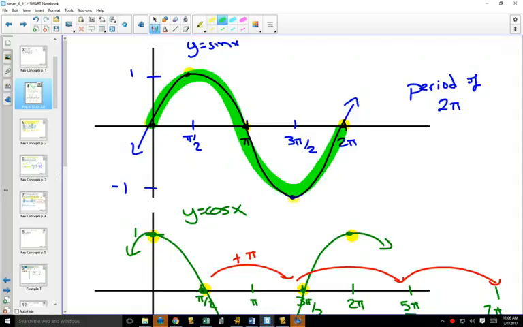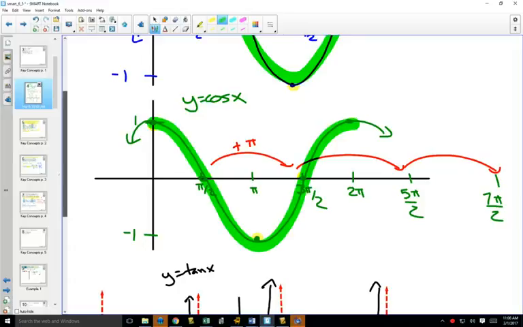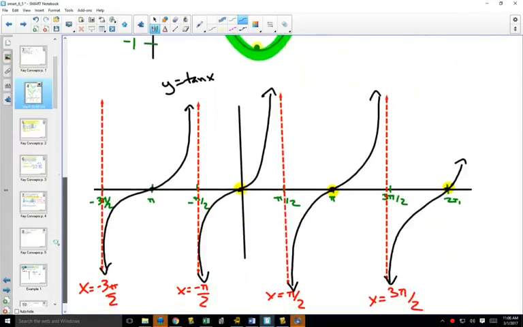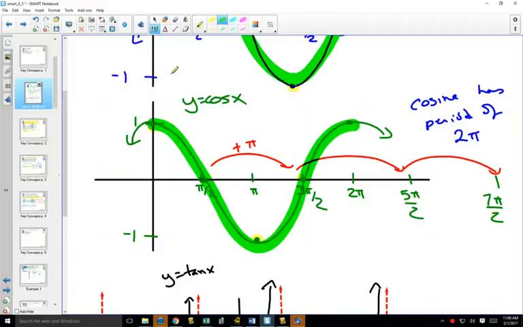Same thing for cos. Cos also has a period of 2 pi. And finally, when we look at tan, how long does it take to repeat?